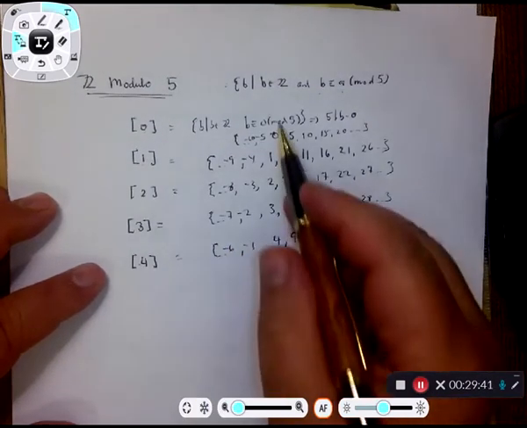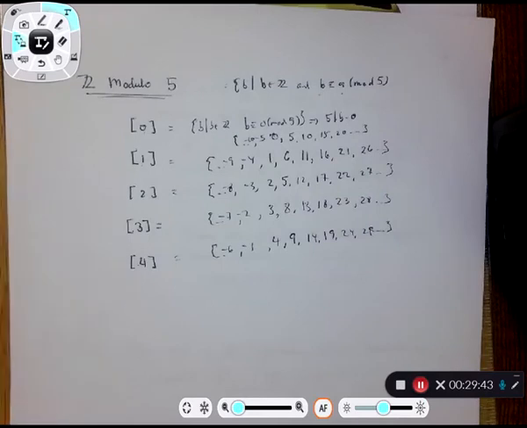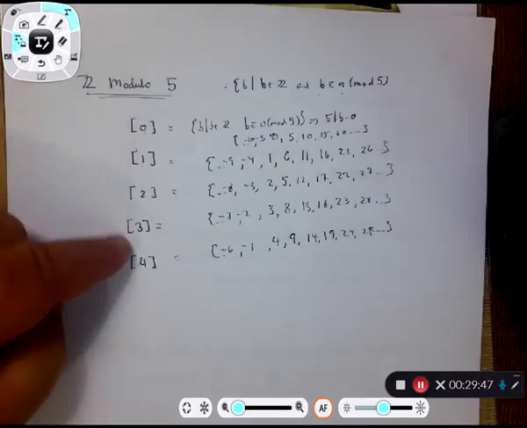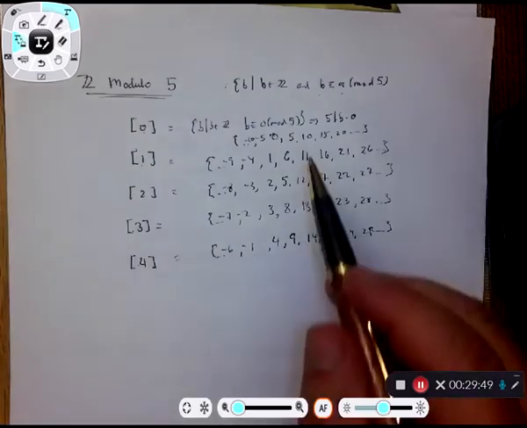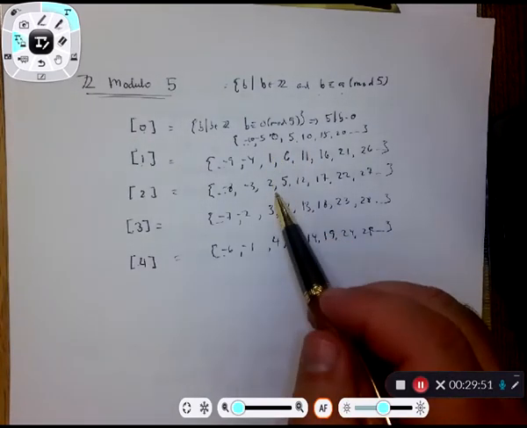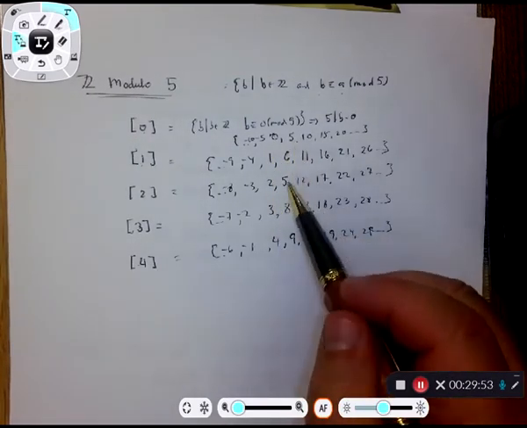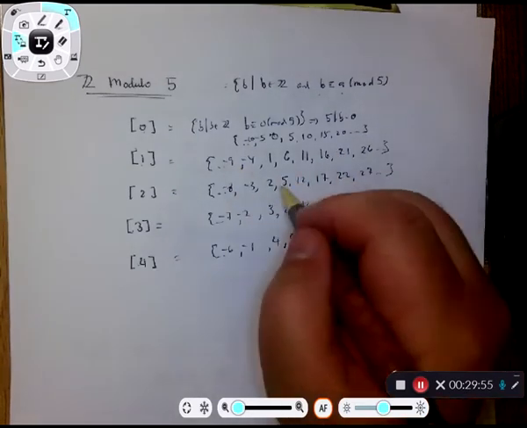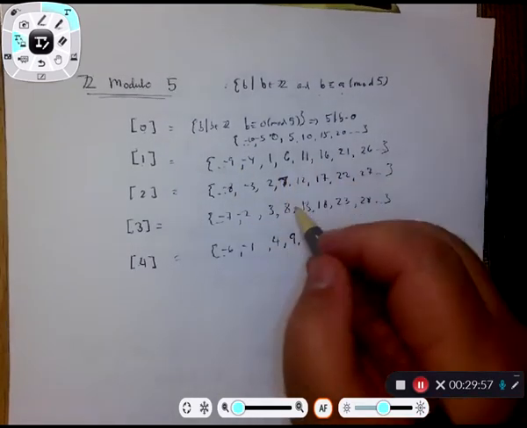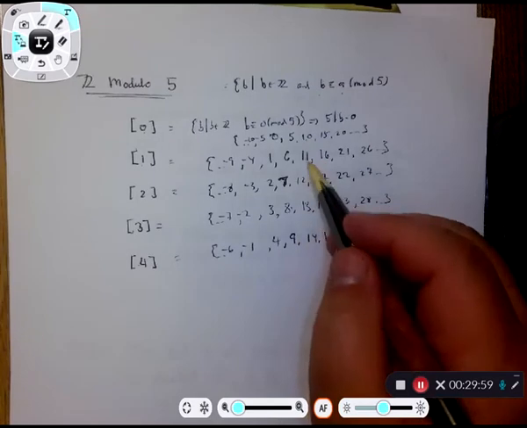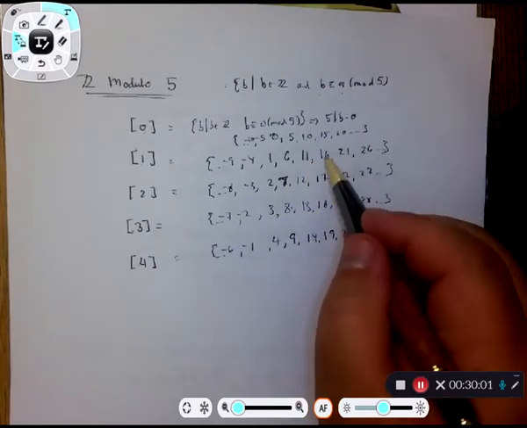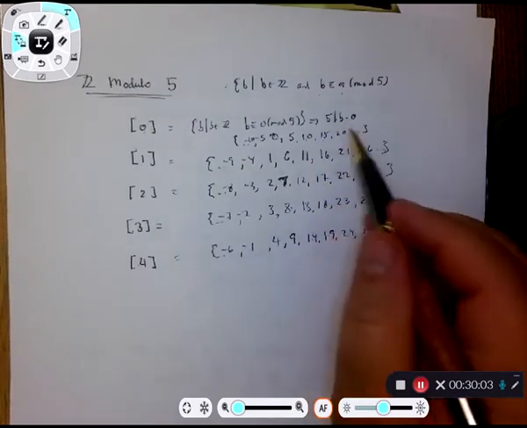And if you look at all these groupings of numbers together, every integer has been put in one of these groups, modulo 5. Let me show you. 0, 1, 2, 3, 4, 5, 6. There should have been a 7 there, that's a typo. 7, 8, 9, 10, and so on up to 20, and keep on going.